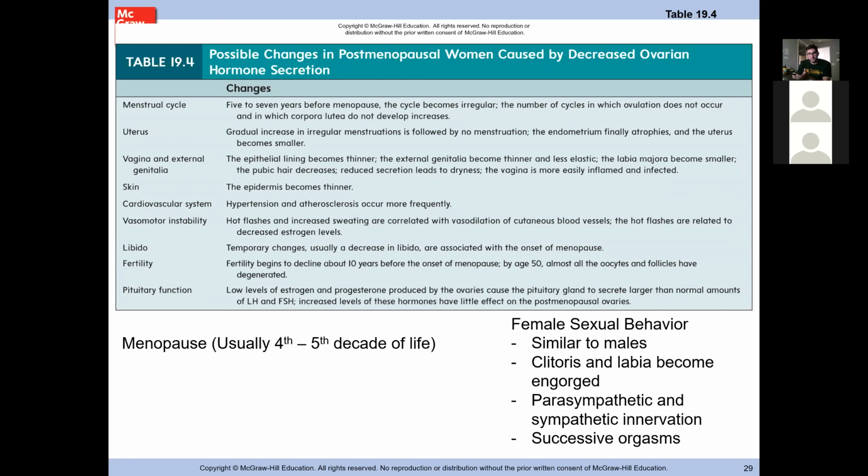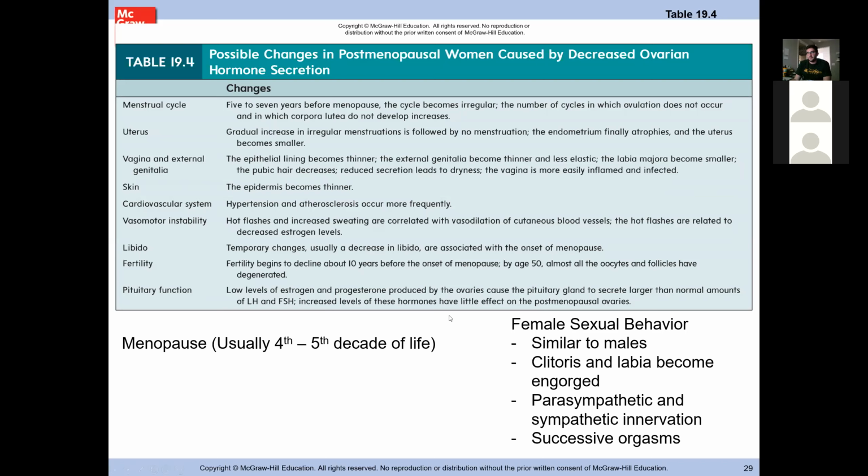But females, for the most part, are able to achieve successive orgasms relatively quickly, depending on the situation. Males are also able to achieve successive orgasms, but not to the same degree as females. So a little fun fact there.